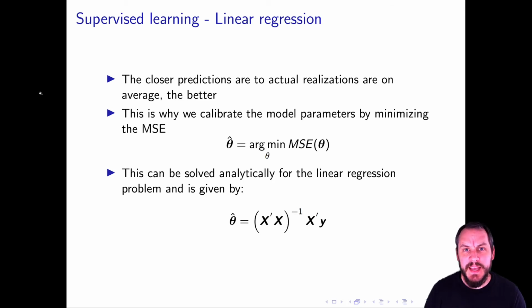And in the case of the linear regression model, this can be solved analytically. Here is the solution in matrix notation, and you do not really need to calculate this by hand, of course. You can do this with your computer, and there are many packages which enable you to compute this and get the corresponding parameter estimates.